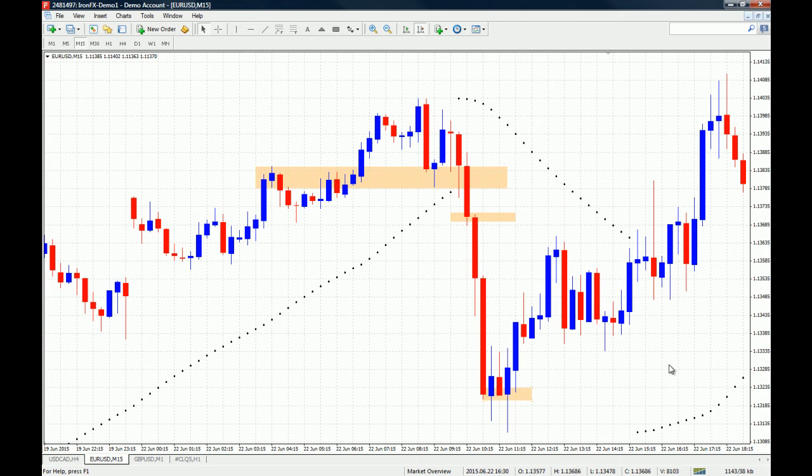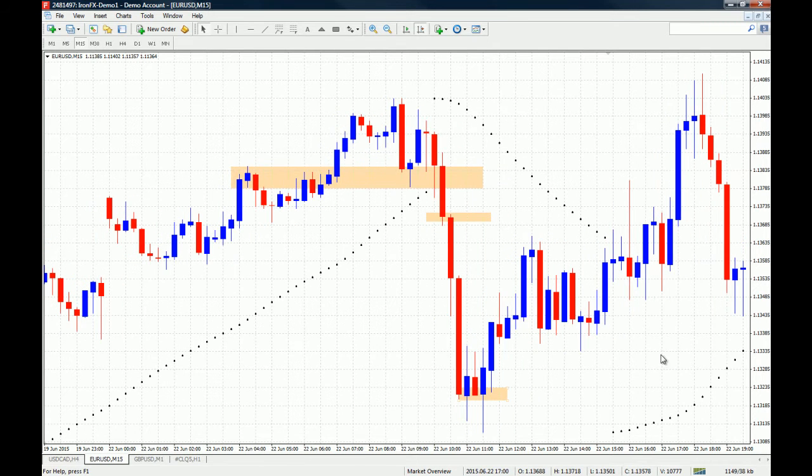Let's continue and look for another break. You can see that we have a very strong move to the downside, and then we have what seems to be a break of the parabolic SAR right here.